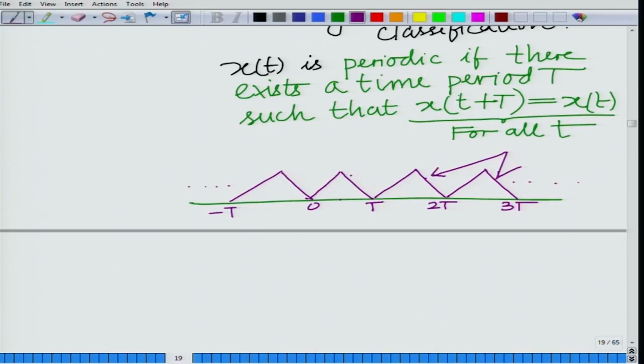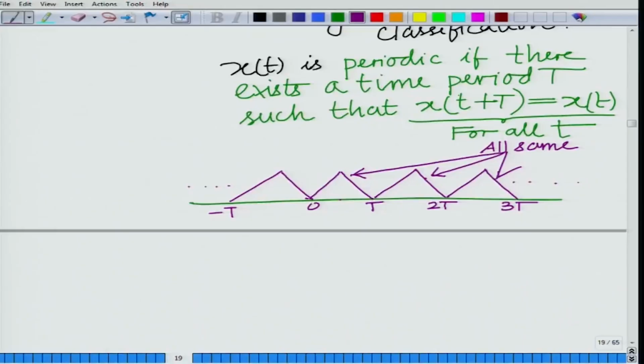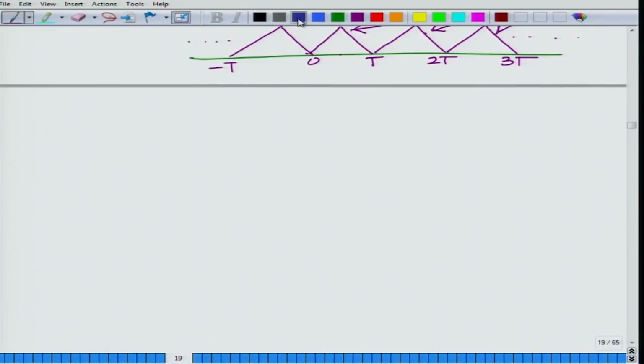That is, if you look at values capital T apart, they are all the same, alright. So, for any small t, x(t) is equal to x(t plus capital T), where T is known as the period, and this holds for all time instants t, okay. A classic example again is the sine, correct. We all know that the sine is a periodic signal, sine 2 pi f t.